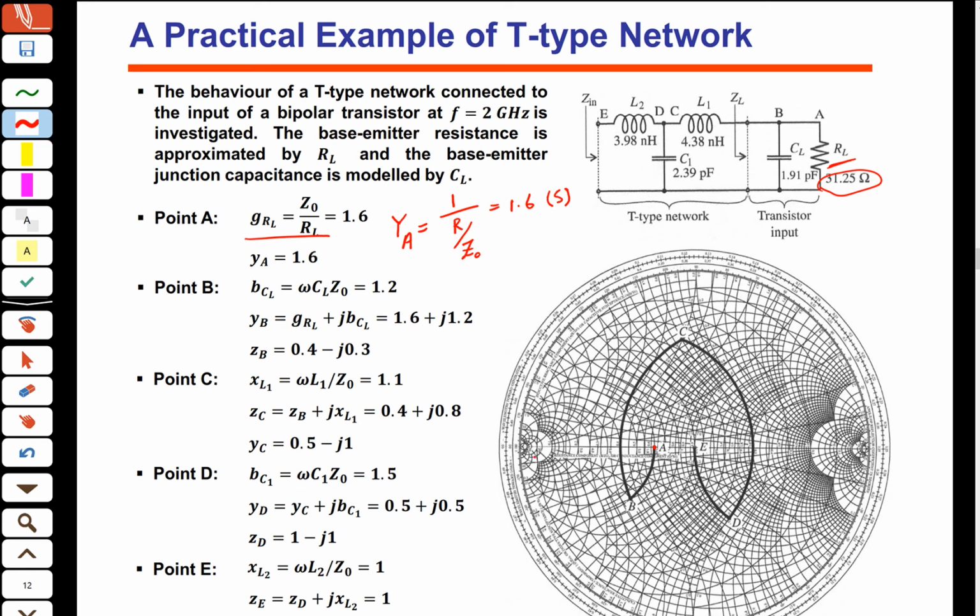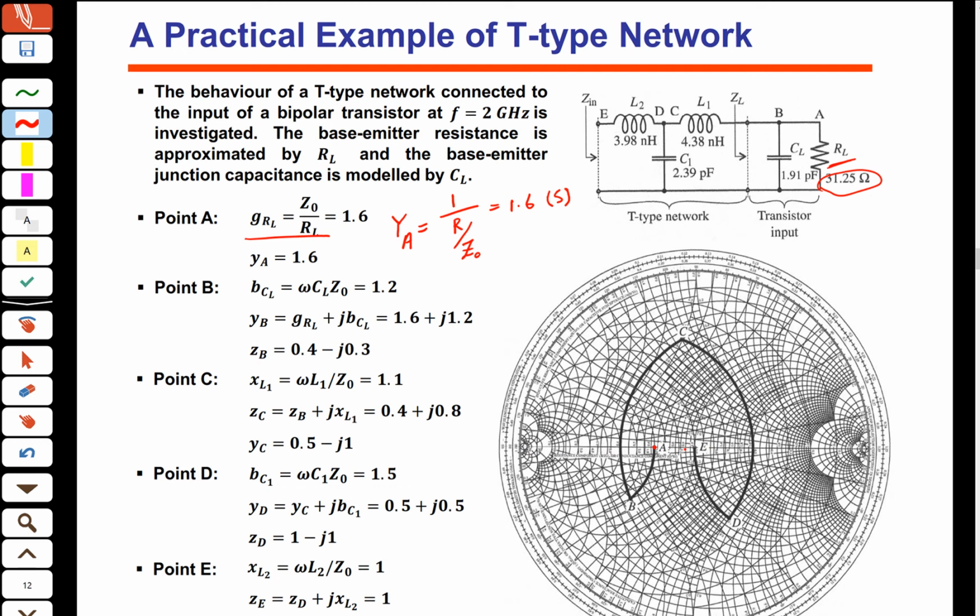When you look at these values here, the red values show the value of the resistance, and the blue values show the value of the conductance. Okay, and you know that this line is the pure resistive or conductive.